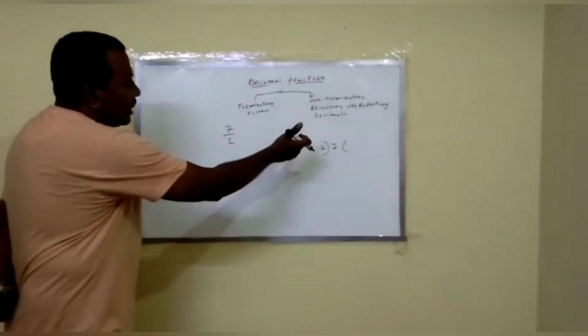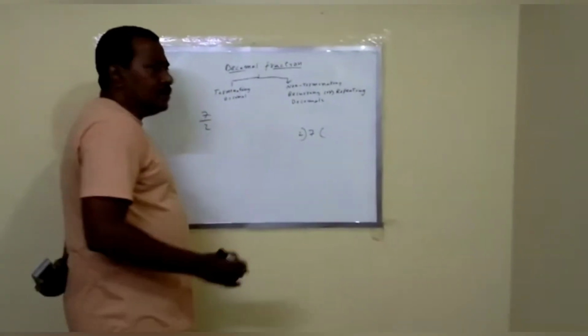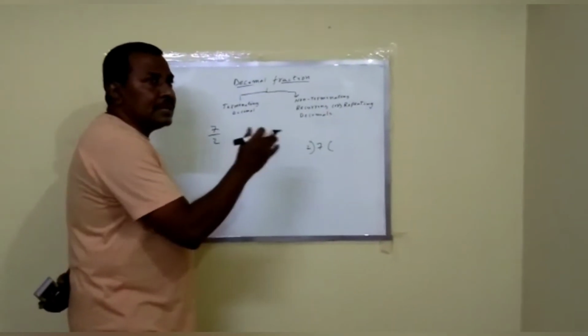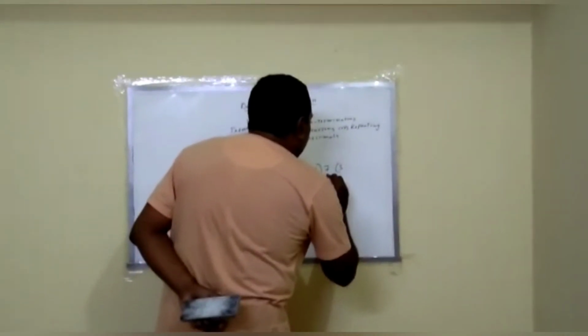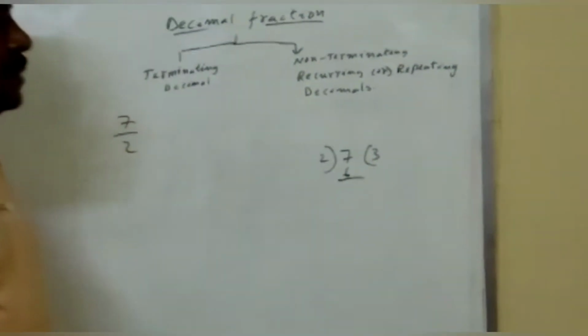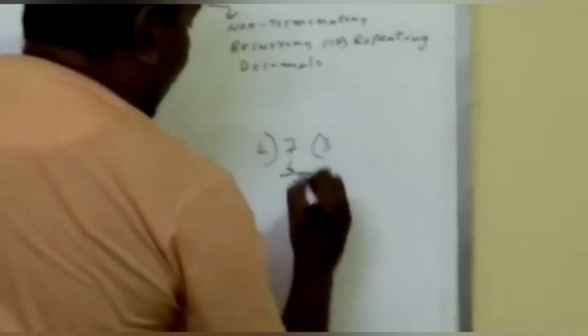So I am dividing 7 by 2. 7 is not exactly divisible by 2, so you take the nearest multiple. 2 threes are 6, 2 fours are 8, and 8 is more than 7. So 2 threes are 6, 7 minus 6 is 1, so you get the remainder 1.